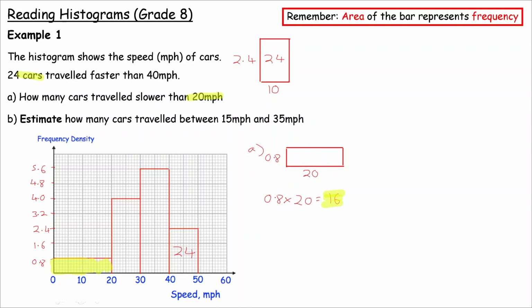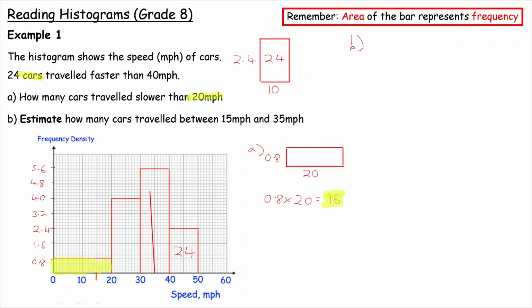What is part B saying? Part B says to estimate how many cars travelled between 15 miles per hour and 35 miles per hour. Let's draw those on our diagram. 15 is going to be here, and let's make that a straight line, a bit neater. And 35 is going to be up to here.